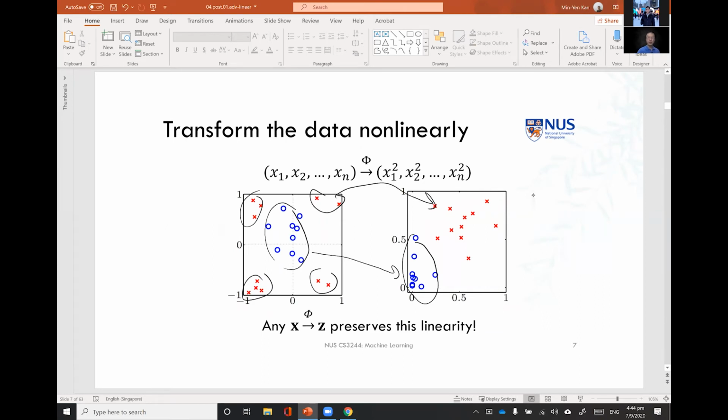We might do that by using some type of nonlinear mapping function, phi. This phi is going to take these coordinate values, our original x, which has all n attributes, and all I'm going to do is square all of the coordinates. So now my new x1 is just x1 squared, my new x2 is x2 squared, my new x3 is x3 squared.